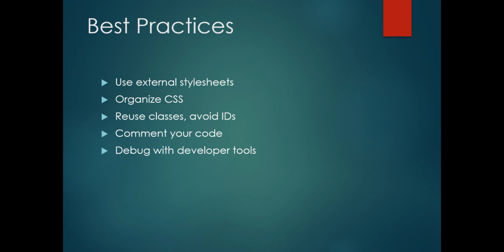Comment your code, which is when you add comments to explain what a particular place is doing. The bugs with developer tools is what you're going to be working on in the advanced course, when you start working with the debugging tools.